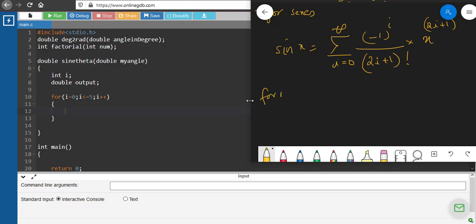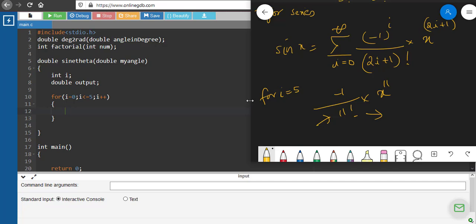So for i equal to 5, the term will be minus 1 raised to 5, which is minus 1, times 2 into 5, 10 plus 1, 11 factorial into x raised to 11. So this is the term. In this, we have to find 11 factorial, which is a huge number. If you want to write the number, I'll just calculate it.